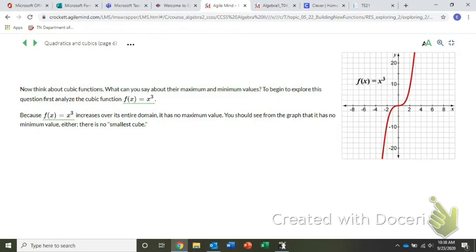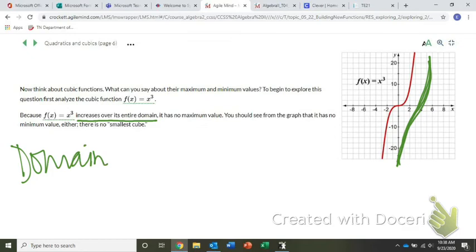All right, so this right here, it is strictly increasing. Nothing is decreasing. It even says it increases over its entire domain. Okay, so a domain is an x. X values run left to right. So you were looking on the left side of the graph. Here's the left side of the graph.